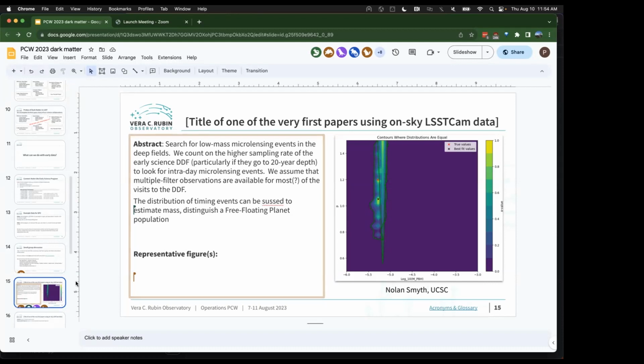But you can use that high cadence to look for relatively low mass, maybe Jupiter or less mass lenses as either PBHs or free-floating planets, and then hopefully use the timing distribution you find there. If you find something basically bimodal, then you could hypothesize some different population of planets versus PBHs. So it would be a nice way to potentially find both.